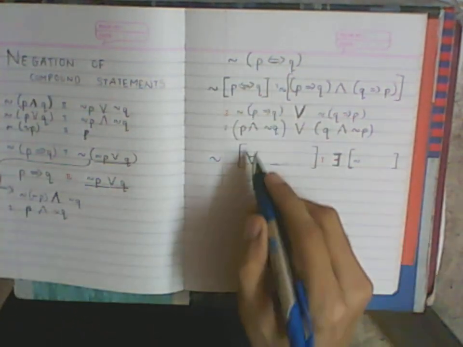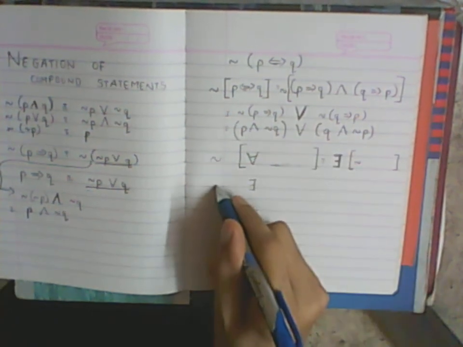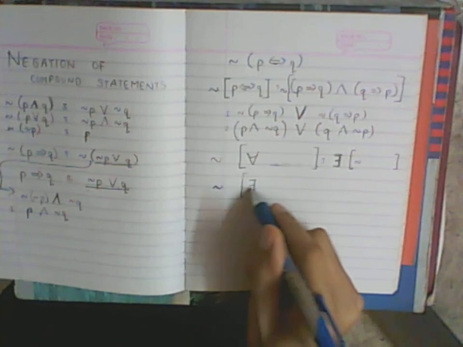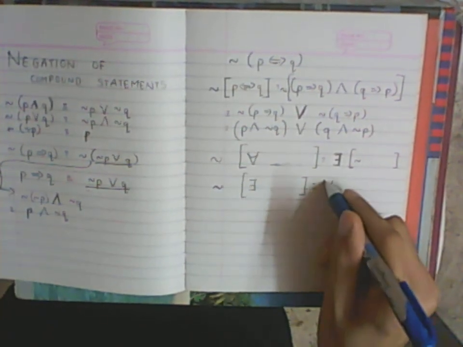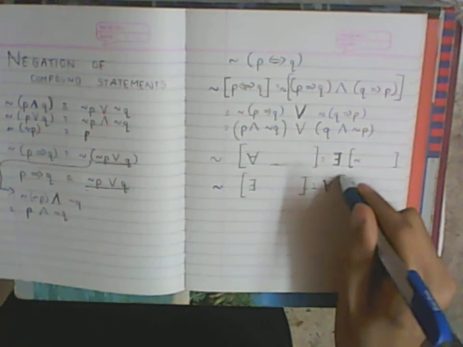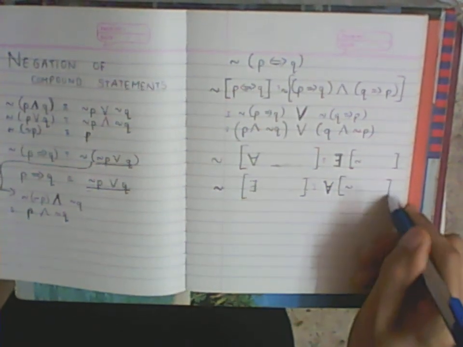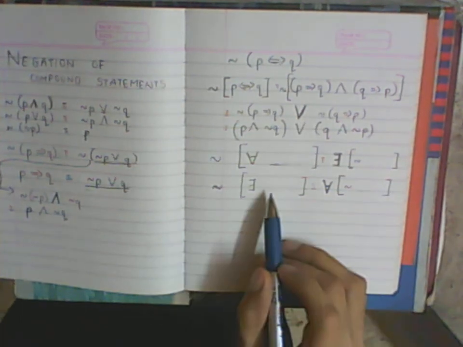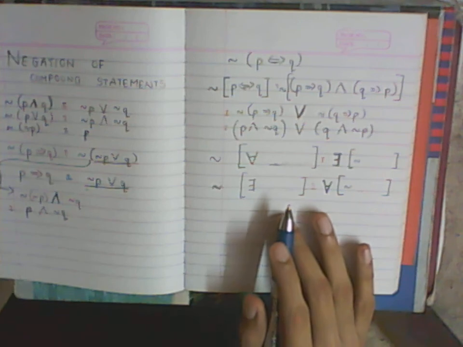And as you might suspect, if you want to find the negation of a statement involving there exists, then this turns to a for all, and again you find the negative of the statement within, and this gives you the negative of the whole statement. We'll do exercises based on this in maybe future videos.